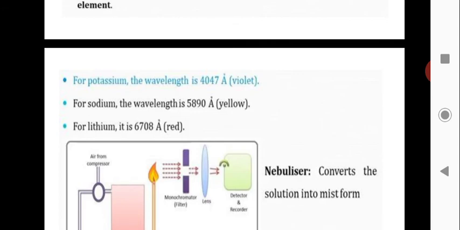I told you sodium is yellow, and for lithium it is 6708 angstrom, that is red. So like that we can get the different types of transmitted light, and with the color also you are able to detect.